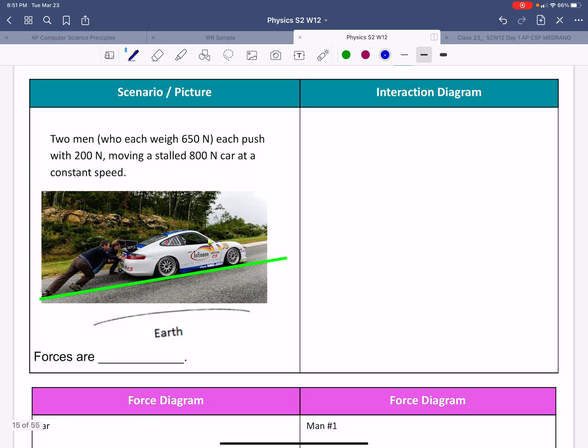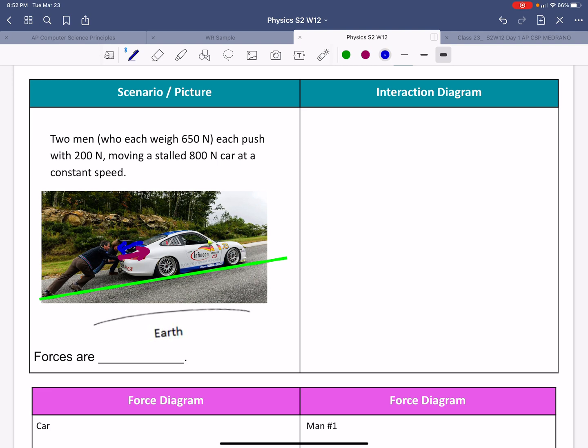We have two men who each weigh 650 newtons, each pushing with 200 newtons, moving a stalled 800 Newton car at a constant speed. Okay, so the men are pushing the car in this direction, and so then the car is pushing back on the men in the other direction.